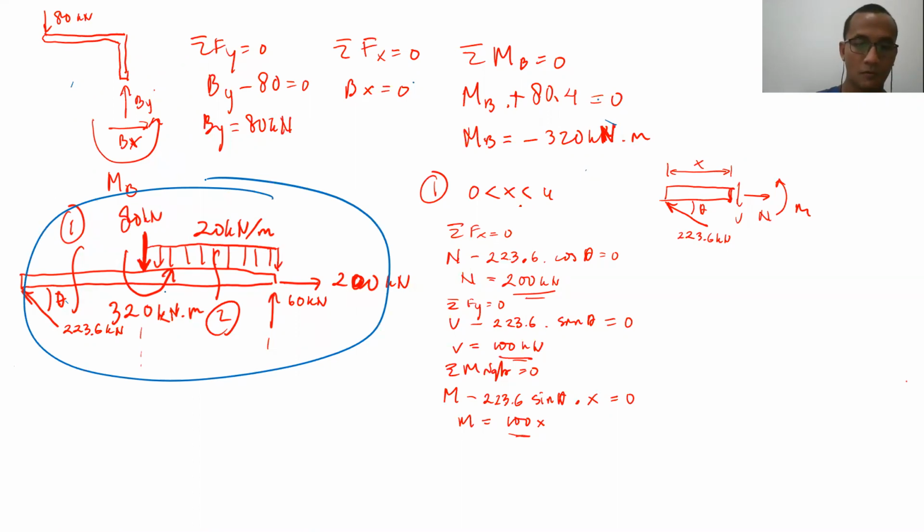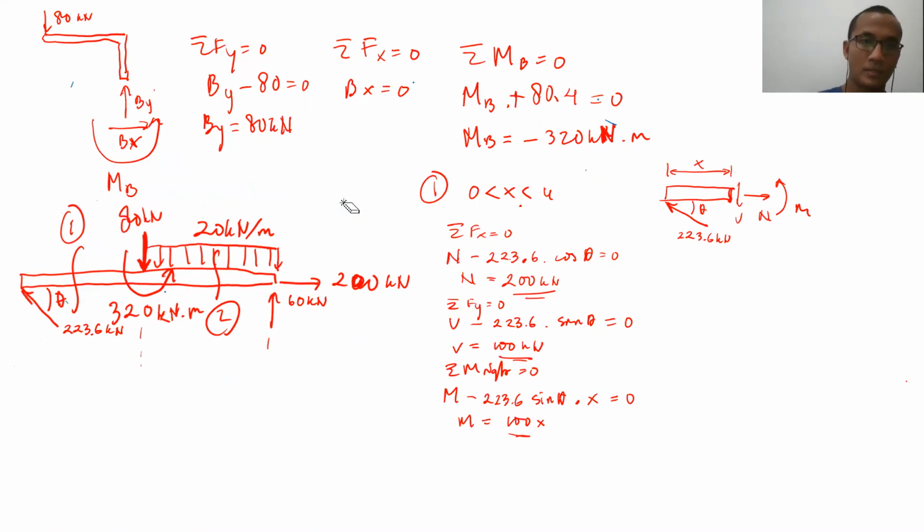For this kind of problem, you can see that we can represent the internal force and internal moment distribution using only two cuts. The first cut represents x between 0 to 4 meters, because the discontinuity is happening here and here, so one equation will be enough from here to here.